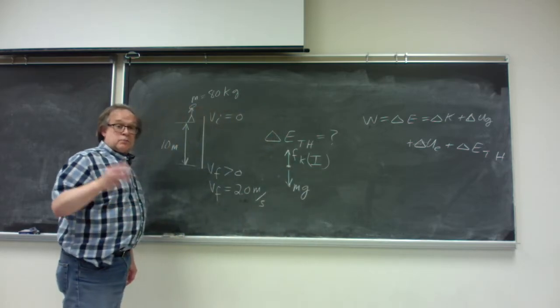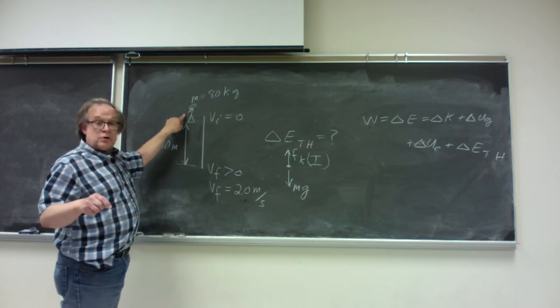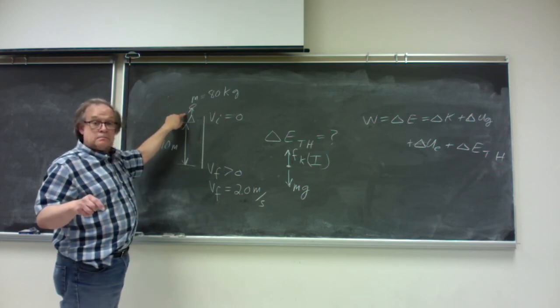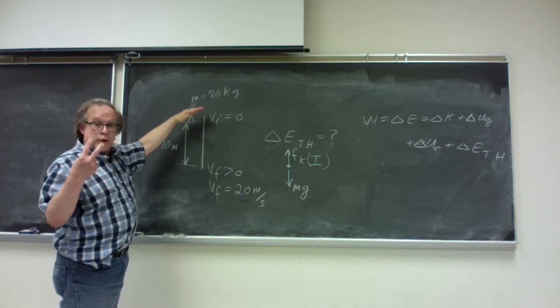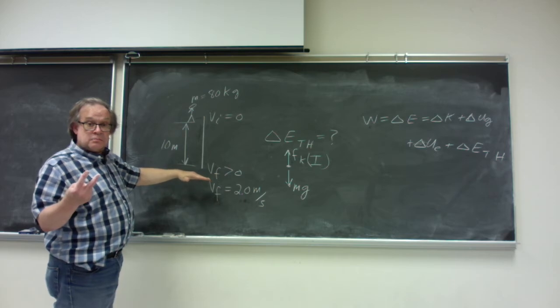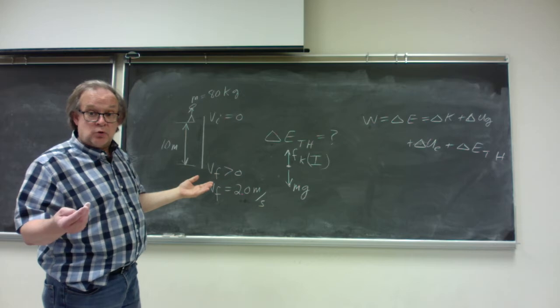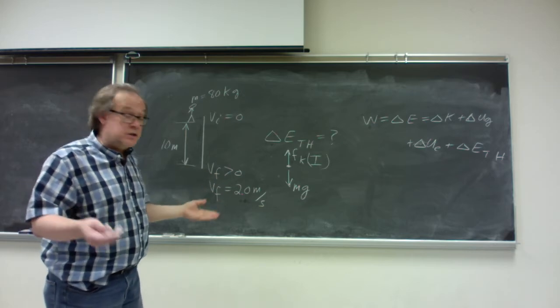In this case, remember our rules. Moving things have to be part of the system, so that's part of the system, the firefighter. Rule number 2, elevation changes. If that happens, gravitational potential energy changes, and we're going to have to include the Earth as part of the system.